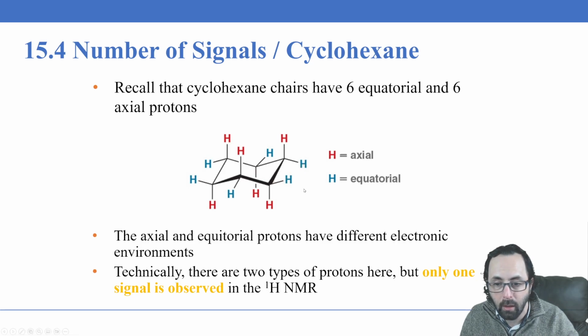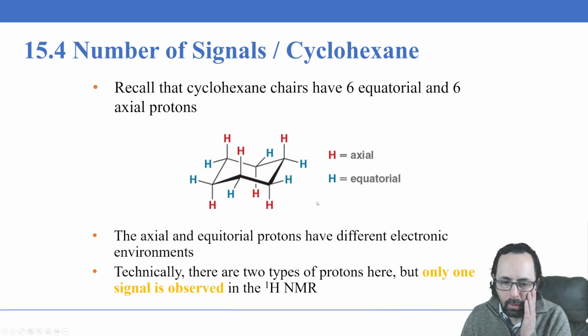The equatorial hydrogens are pointing away from the ring, far away from all the other carbon atoms. The axial ones are much closer to the others. For example, all these red hydrogen atoms are much closer to each other than the blue ones. And so they have different electronic environments, but we only see one signal for all 12 of these in cyclohexane.